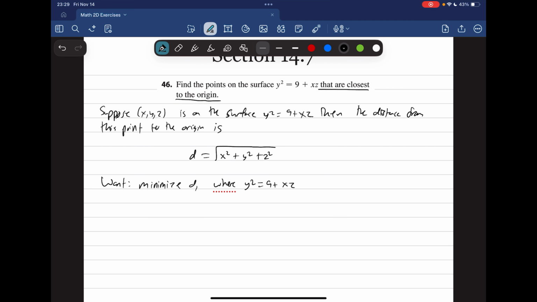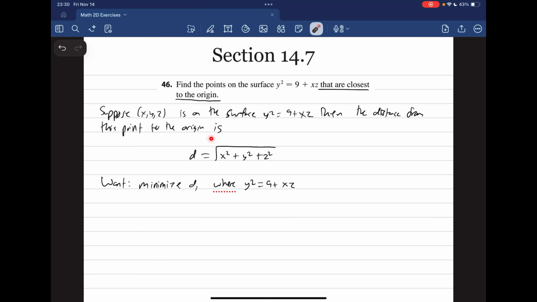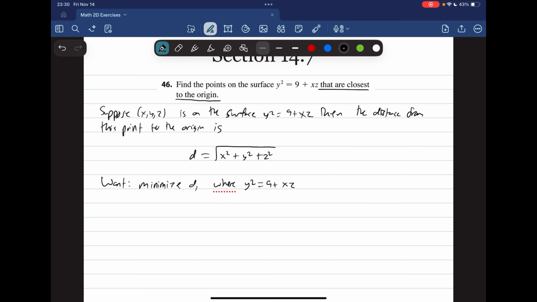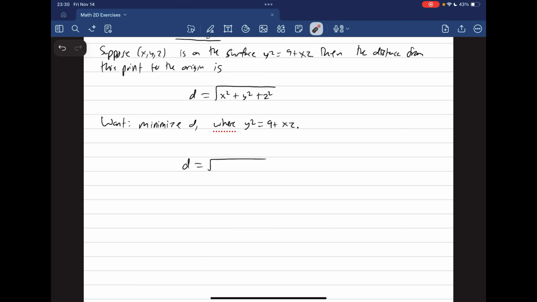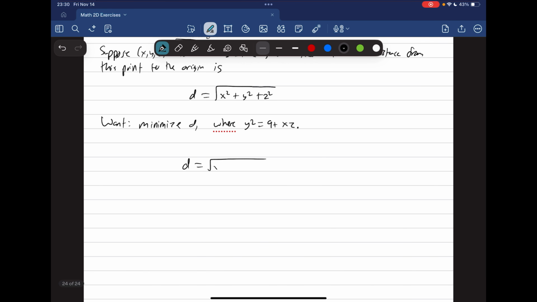Now, if you try to do this minimization problem directly, let me first add a little comment. Since y squared is equal to 9 plus xz, our distance, just by plugging in that y squared right here, we can write as the square root of x squared plus 9 plus xz plus z squared.